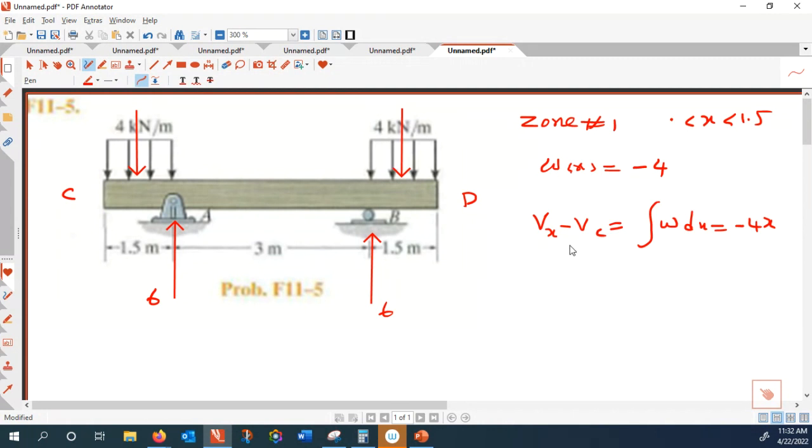That is just at the beginning, before we get into any distributed load. So this one vanishes. So V of X is minus 4x. And we can check V of A by plugging X equal to 1.5. So 1.5 times minus 4.